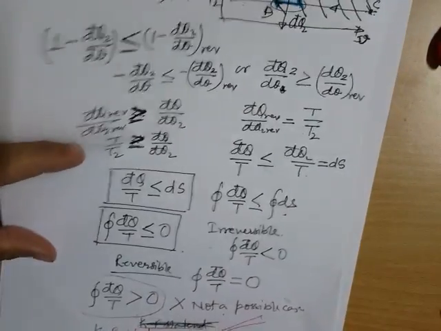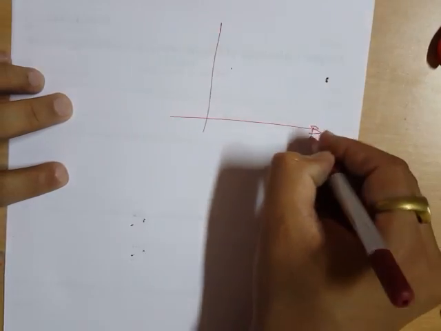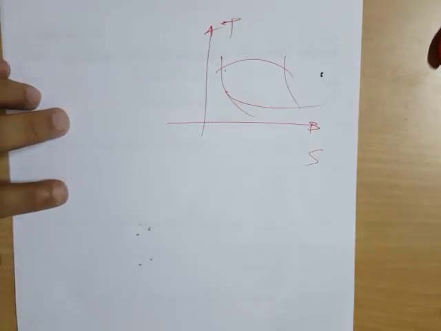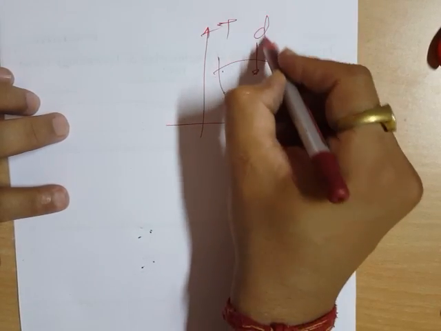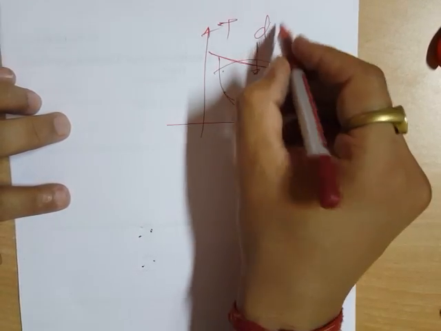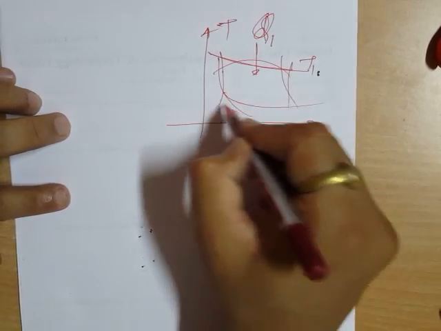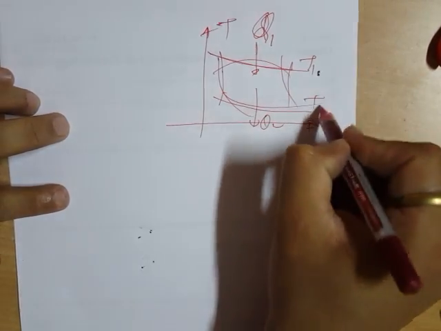Let us see how this is not possible. So consider any general cycle. Let us consider this general cycle on this plot. In this cycle, some amount of heat is getting transferred. Let us say Q1 amount of heat is transferred at T1 and Q2 amount of heat is transferred at T2.